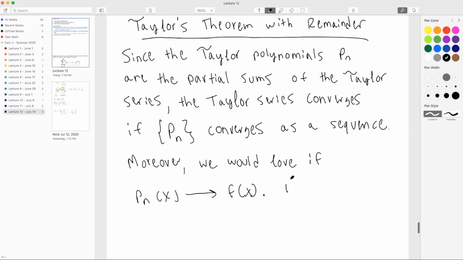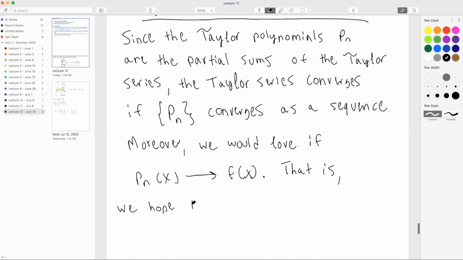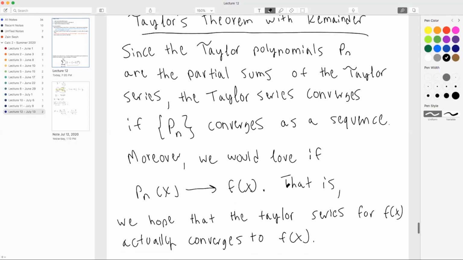That is, we hope that the Taylor series for f actually converges to f of x, okay? So this is the question that we're going to be investigating for the remainder of class. We want to look at when a Taylor series actually converges to the function that we're taking the Taylor series of. So far, we don't know that. Okay. All right, so that's the idea.